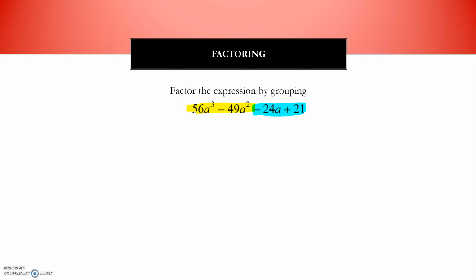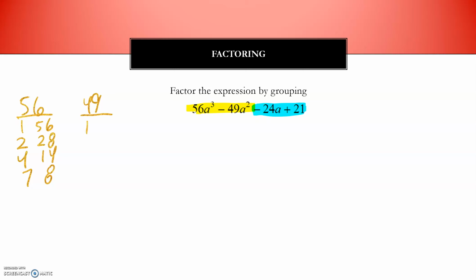So for the yellow set, we need to find the GCF of 56 and 49 to begin with. So 1 and 56, 2 and 28, not 3, 4 and 14. We have 5, not 6, 7, and 8.